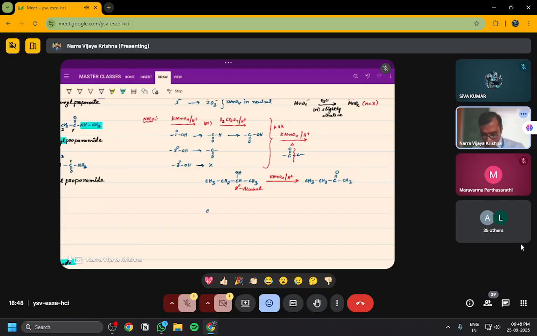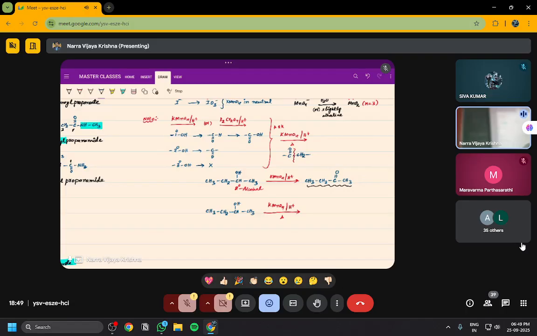I'm taking the same again, KMnO4 in presence of H plus followed by heating. Now I'm heating. Then what happened? Whatever product is obtained, after getting that, the C double bond O, C bond will break. So if I write CH2 like this, that bond also breaks. Now, which side does it have to break?